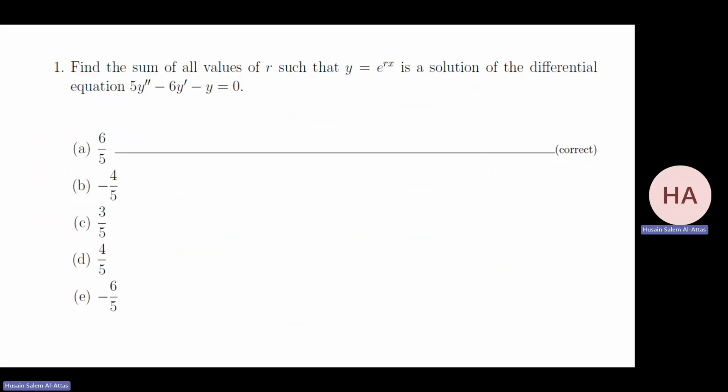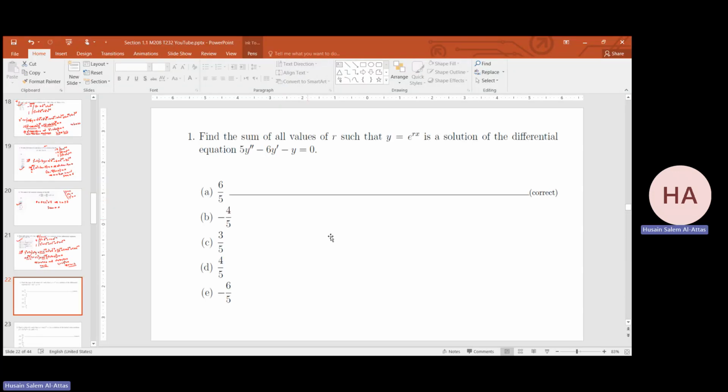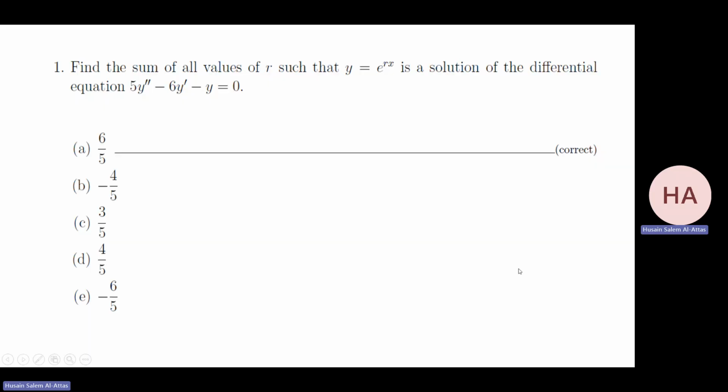The sum of all values of r so that it's a solution. I don't want to take a long time, so let me finish with this one. Same idea. Y prime will be r e to the power rx, y double prime, r square e to the power rx. Substitute into 5y double prime minus 6y prime minus y.